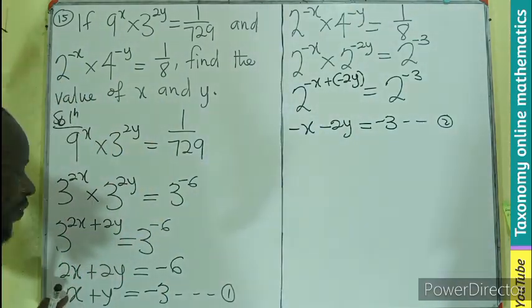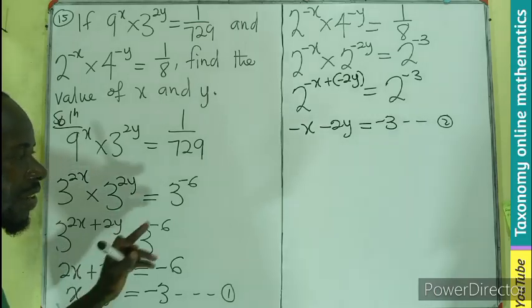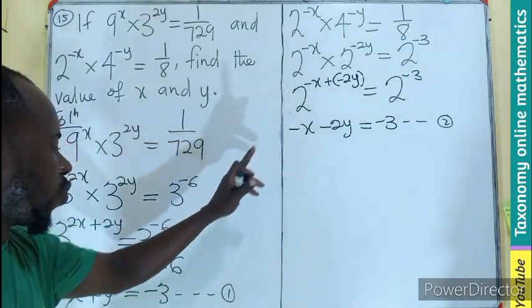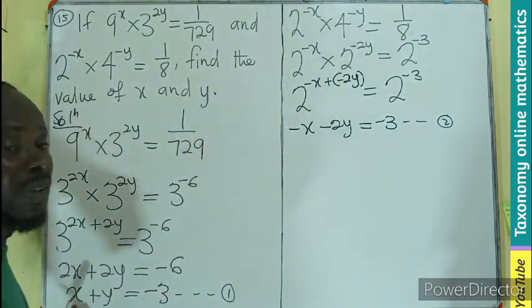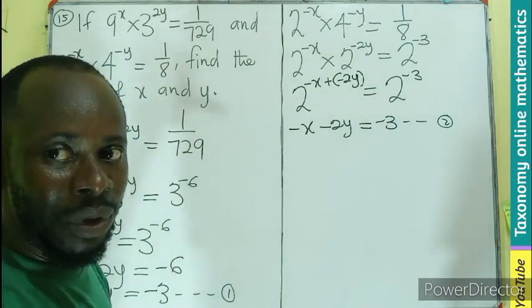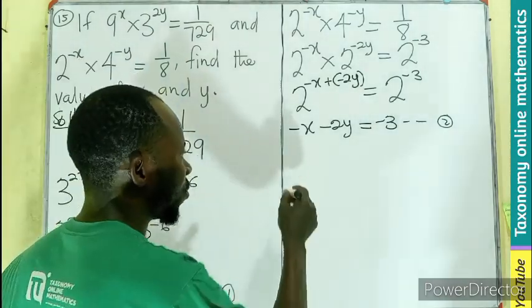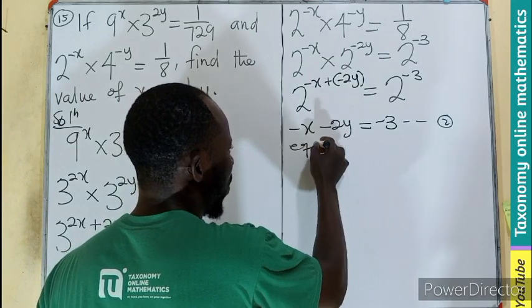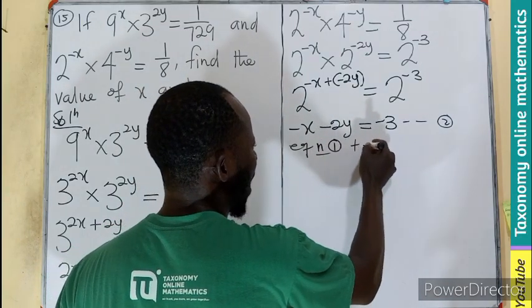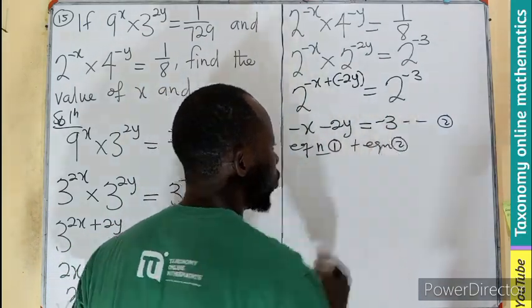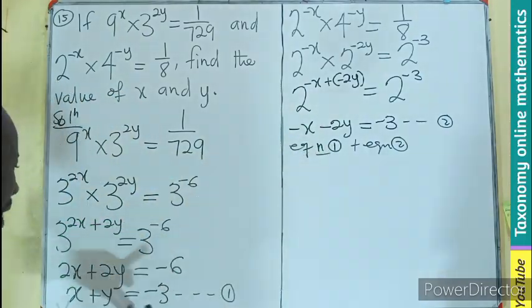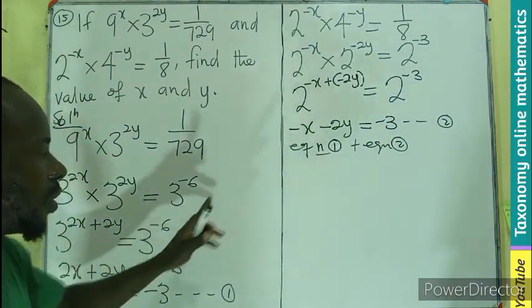I can see the coefficient of x is 1 in one equation and minus 1 in the other. The signs are opposite, so if I add, I will easily eliminate x. So I say equation 1 plus equation 2. Therefore, minus x plus x will be 0.